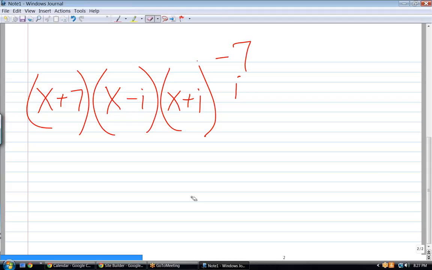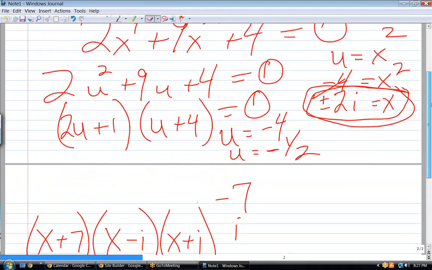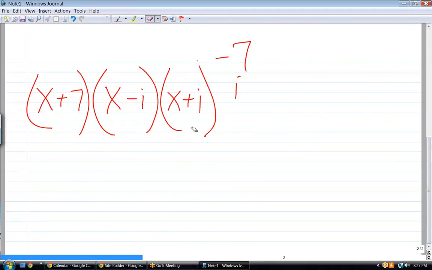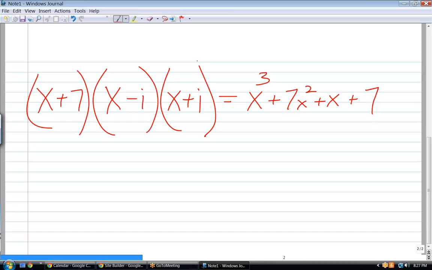In other words, what was that last polynomial we came up with? Do you remember? x cubed plus... Here, let me write it out. Plus 7x squared, plus x plus 7? Yeah.